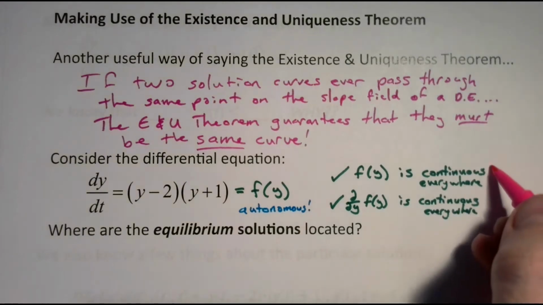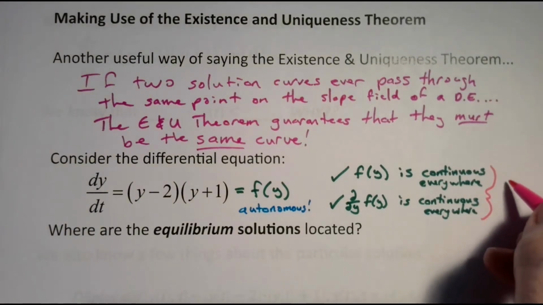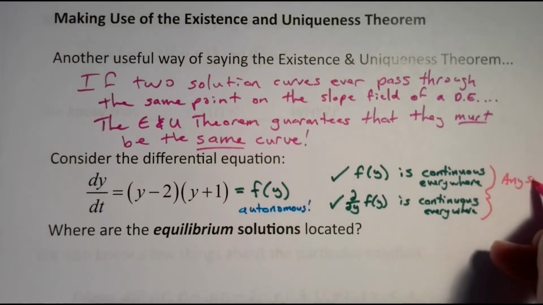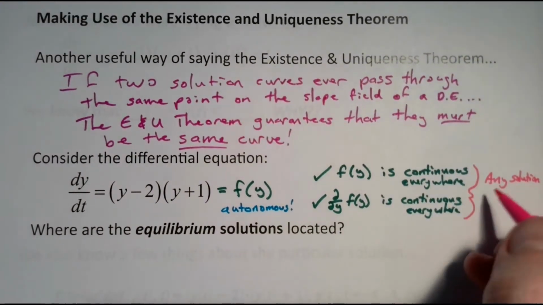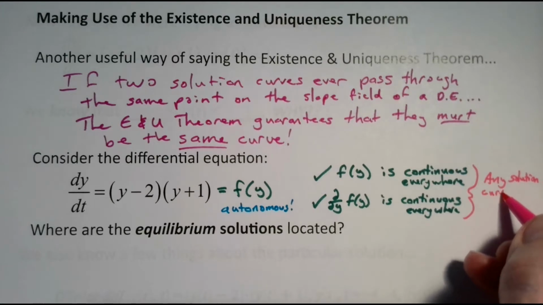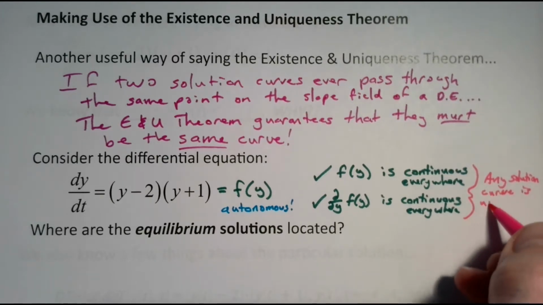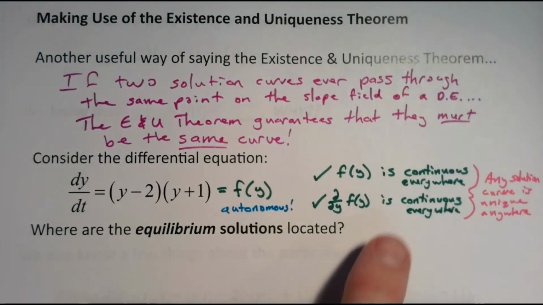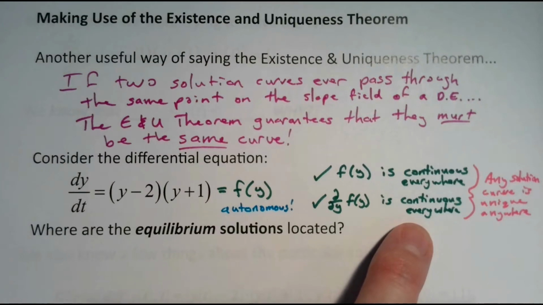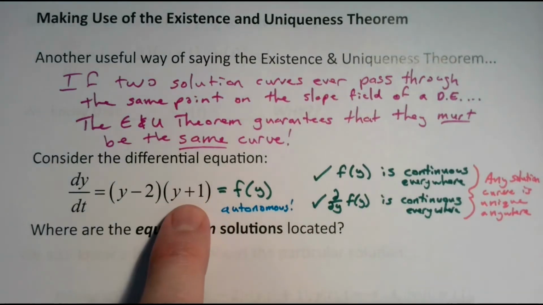Taken together, this means any solution curve is unique anywhere, because these are continuous everywhere. If you give me an initial condition, it's guaranteed to produce a unique solution curve.